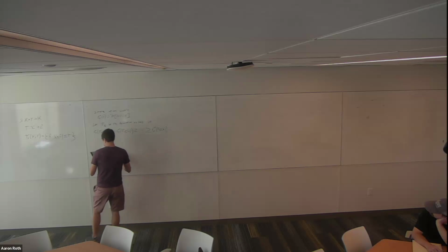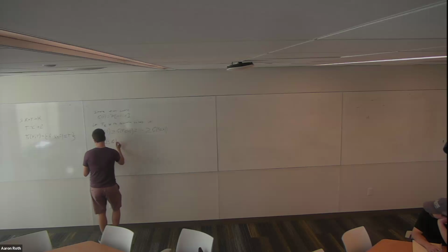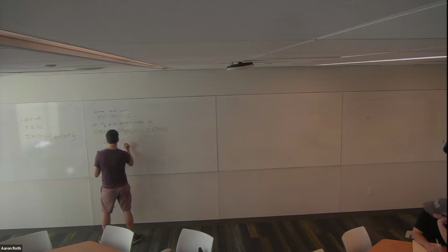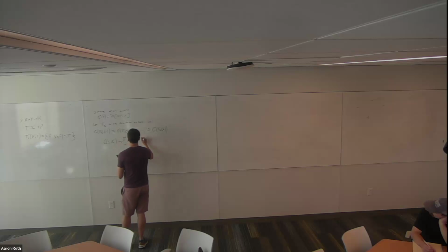Let's say that P star is ordering from 1 to P minus 1 of the probability being the label i.